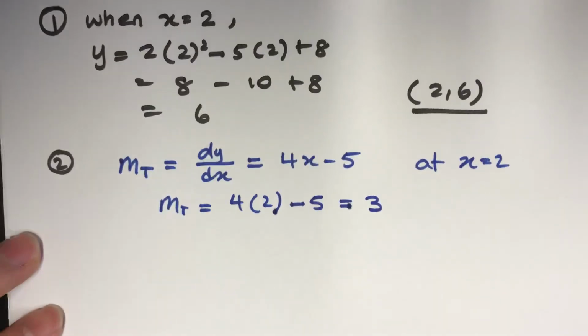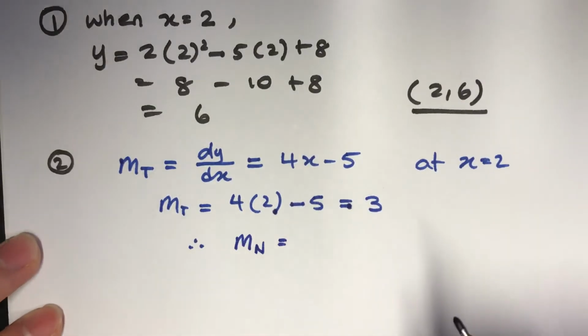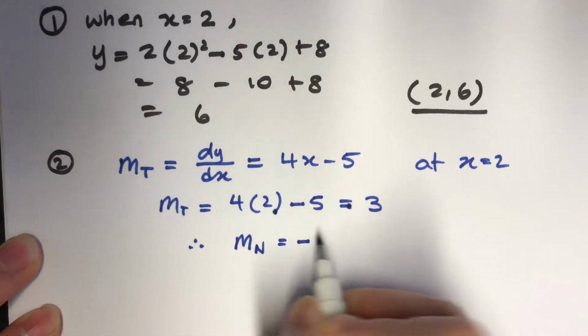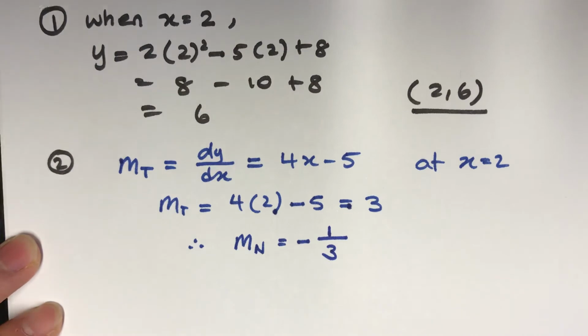And while I'm at it, I might just find the gradient of the normal as well, which is the negative reciprocal of the tangent, so minus 1 over 3.